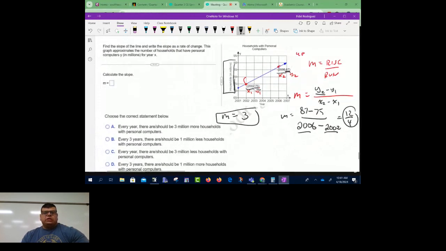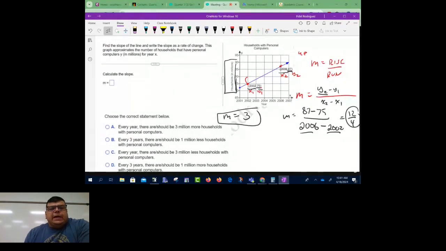The graph approximates the number of households that have personal computers in millions. So this means it's going up by 3 million every year.